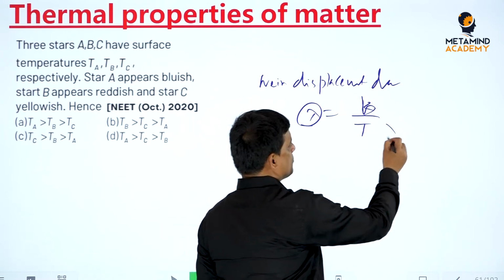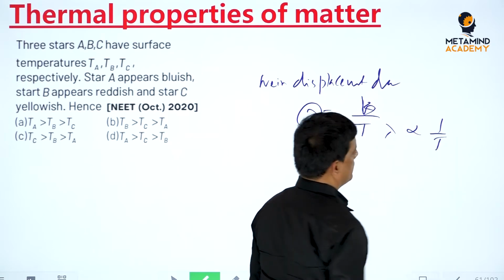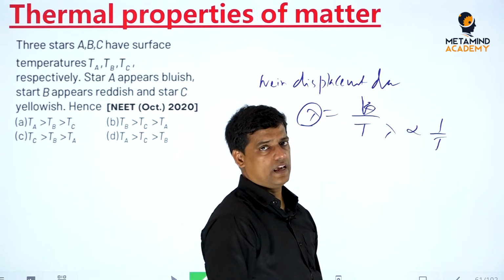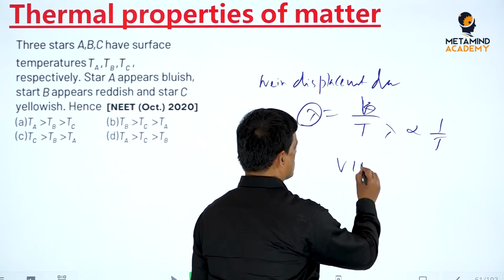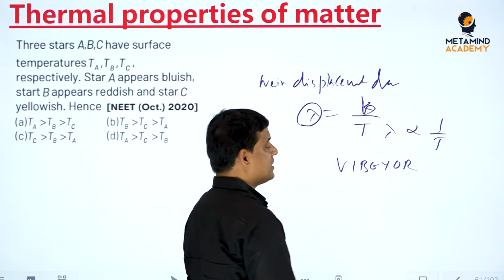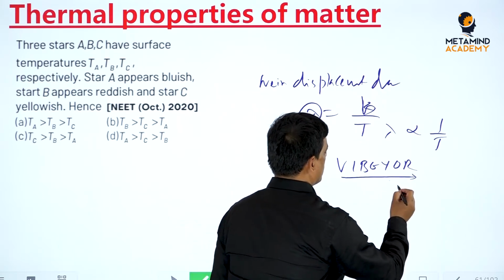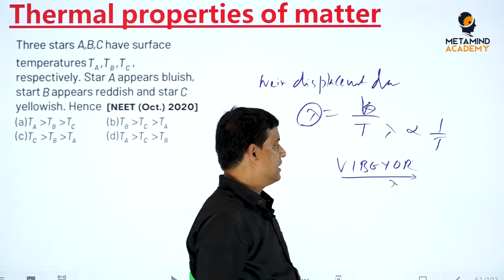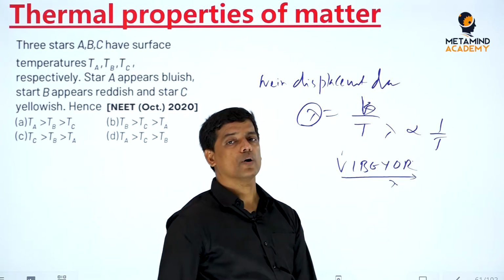So lambda is proportional to 1 by T, which means the higher the lambda, the lower the temperature. Now if you know the VIBGYOR series, the wavelength is increasing in this manner. Red has the highest wavelength and blue has the lowest wavelength.